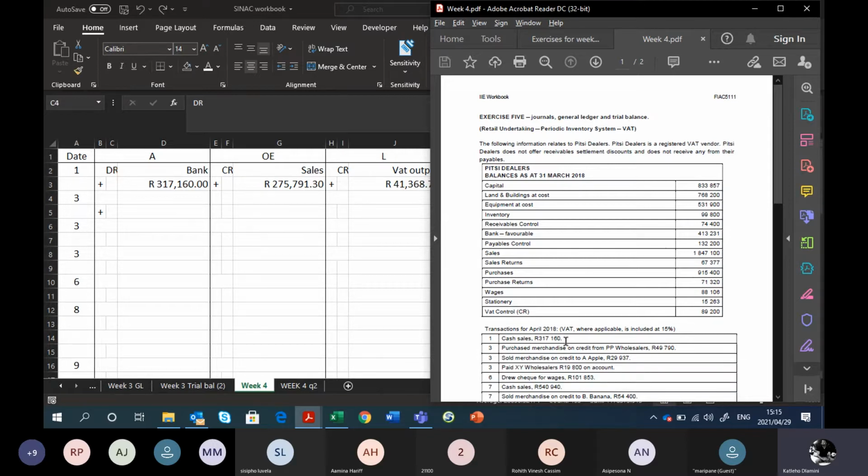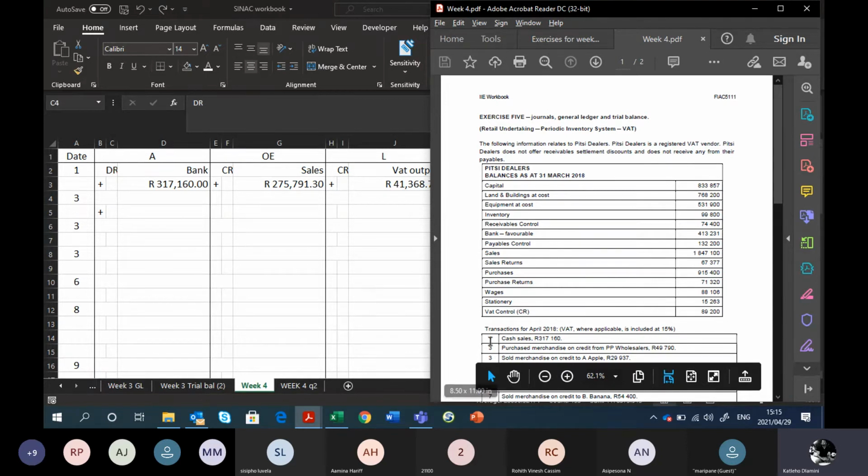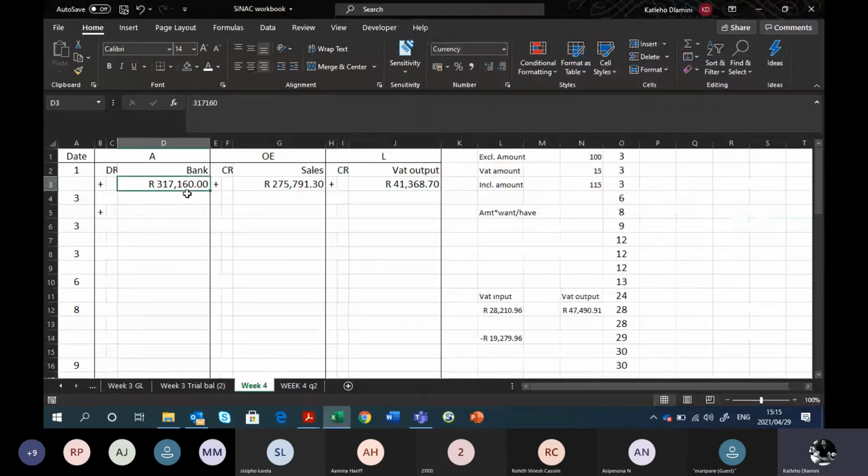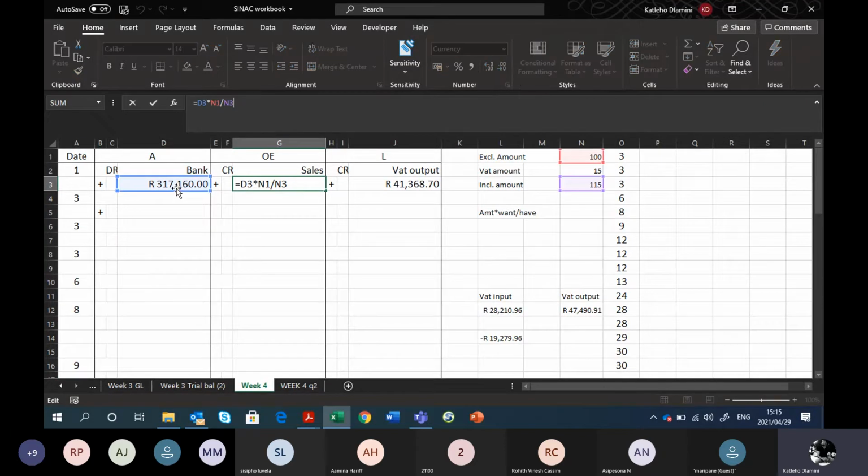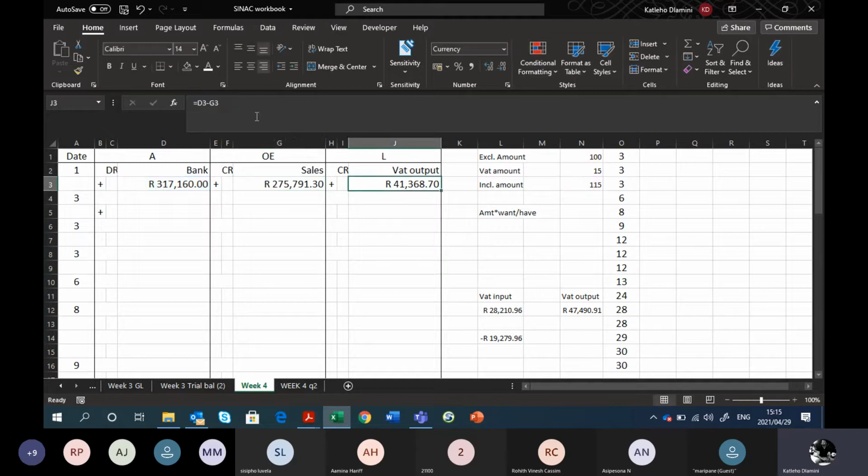VAT where applicable is included at 15%. So bank, that's our inclusive amount. Then we calculate our sales amount: I took this amount and multiplied it by the 100 divided by the 115, got that amount, and then took this amount minus that one, and got that amount over there.